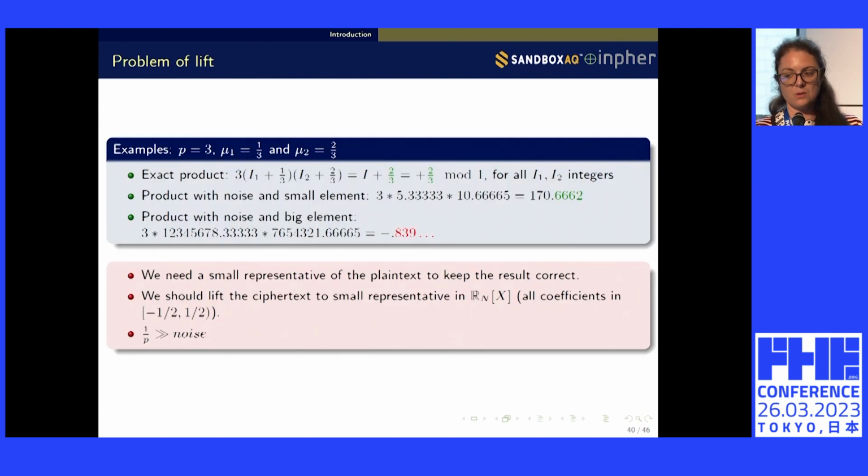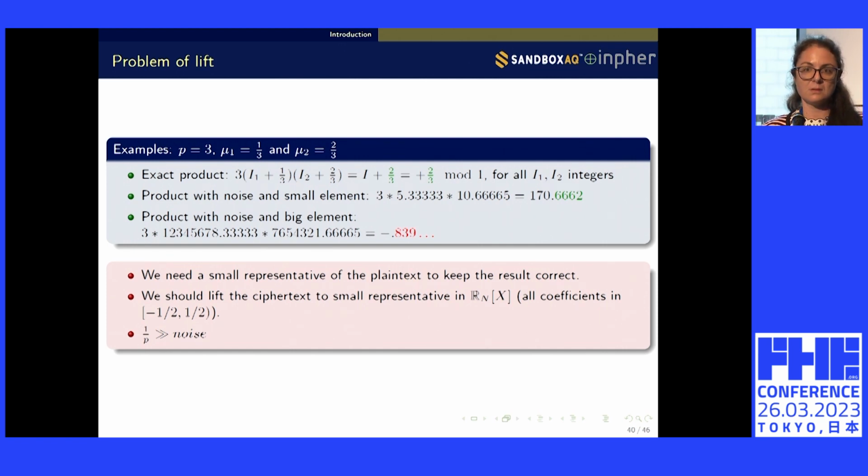When we work with this product, and when our elements are exact multiples of 1 over p, when we lift to the reals we can use any lift, that means any integers here, and again we will obtain the exact product.